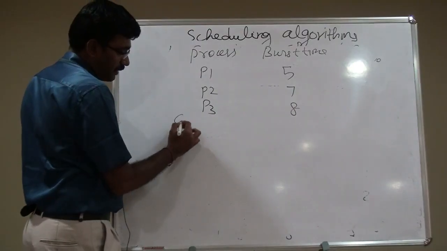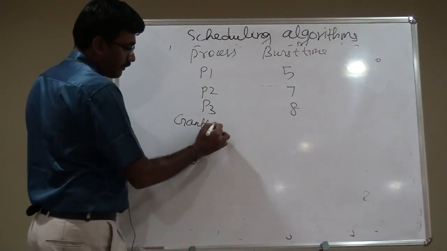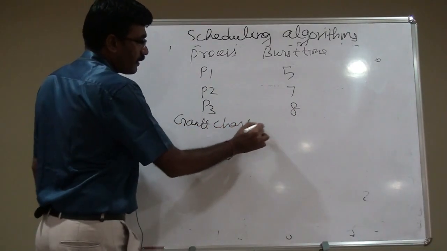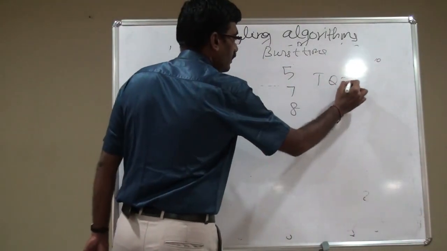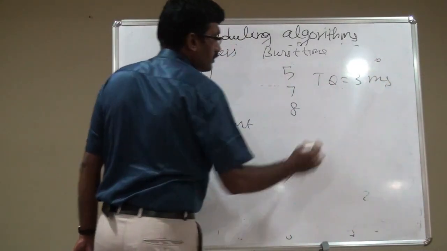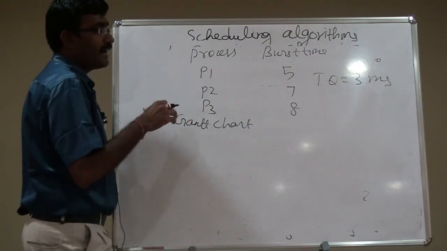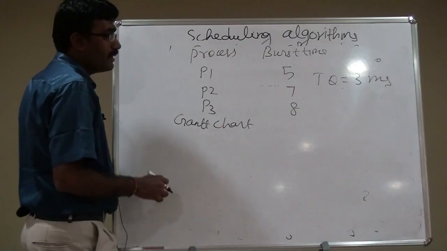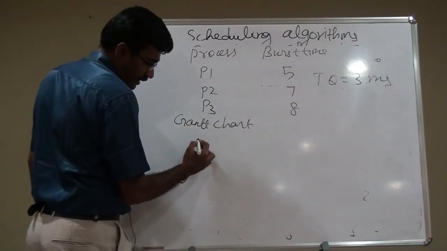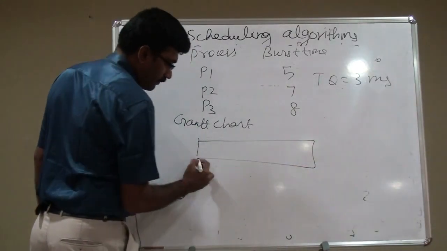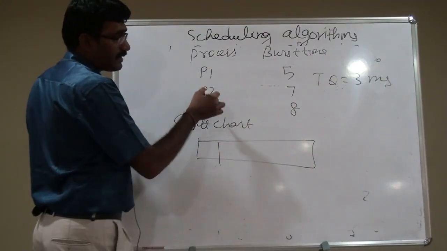Now the Gantt chart for this, with a time quantum value of 3 milliseconds. So every 3 milliseconds the particular process is preempted and the next process starts to request the CPU. This follows first come first serve.